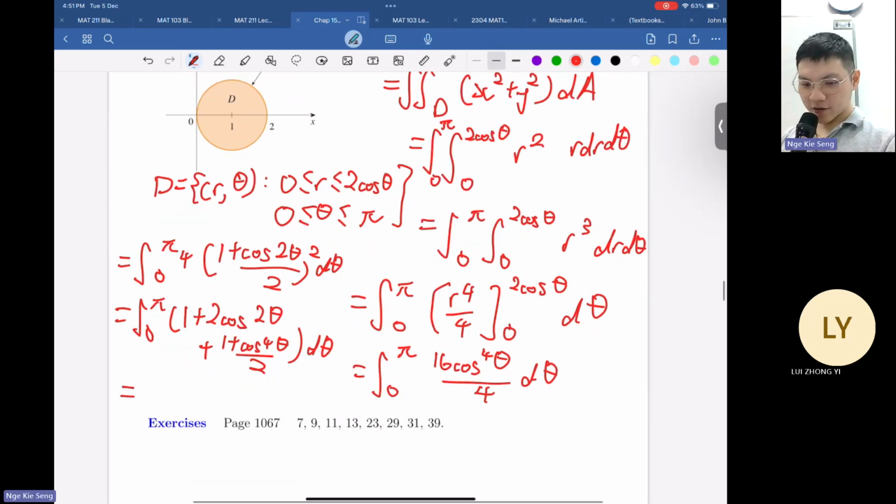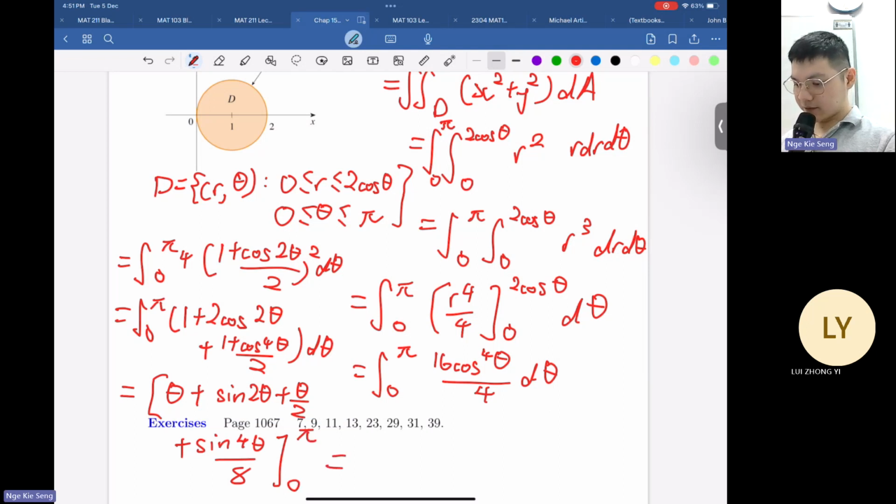And then you are safe to go for integration. I'll get sine 2 theta plus theta over 2 plus sine 4 theta over 8 from 0 to pi. And then see what you get.